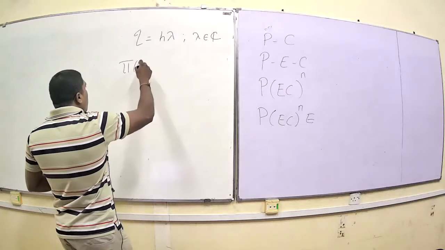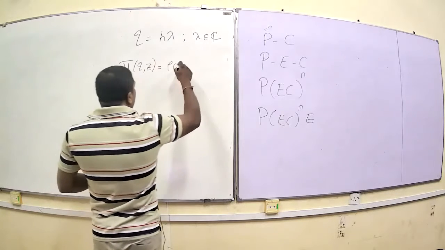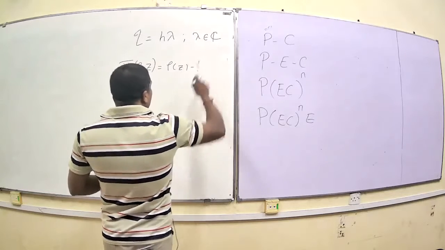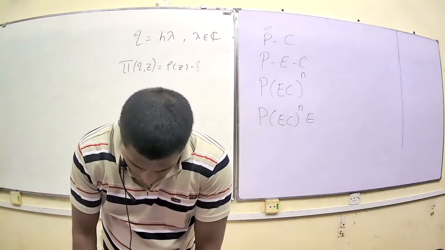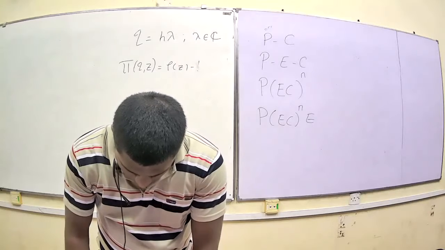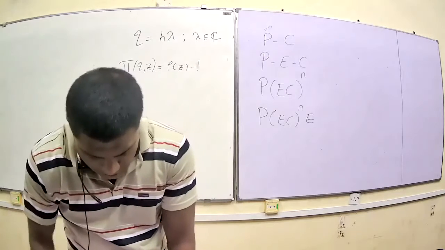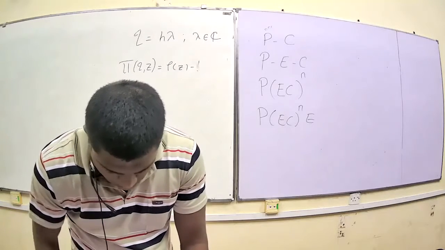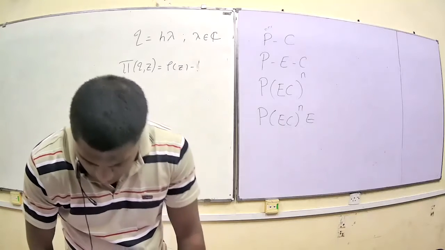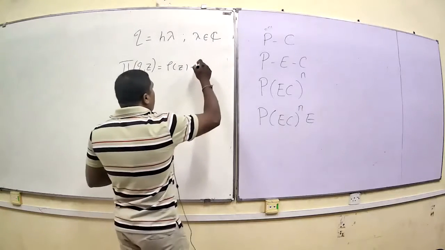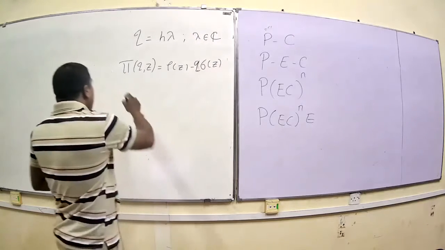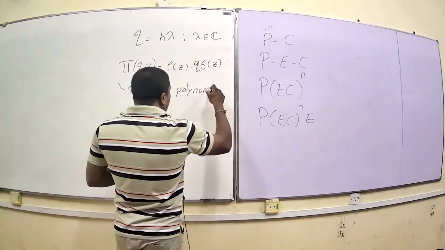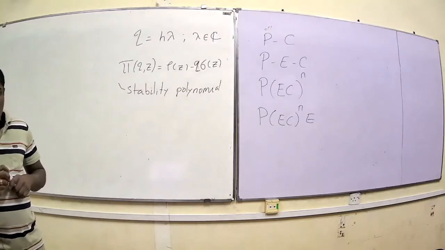You remember, we have phi of Q comma Z, which is rho of Z minus Q times sigma of Z. We call it the stability polynomial.